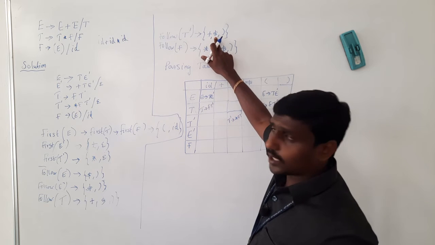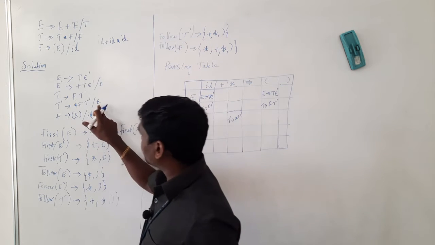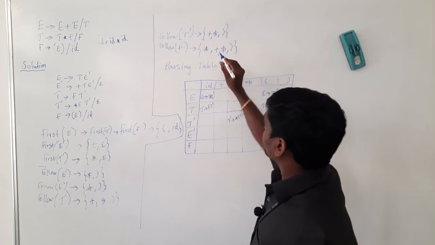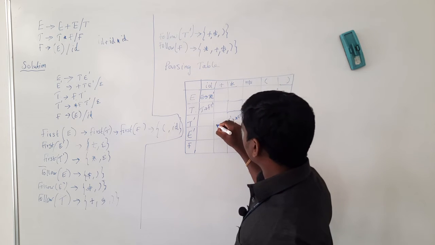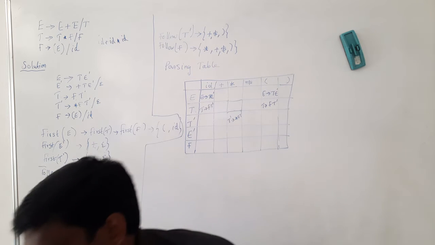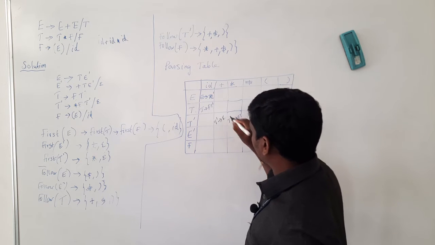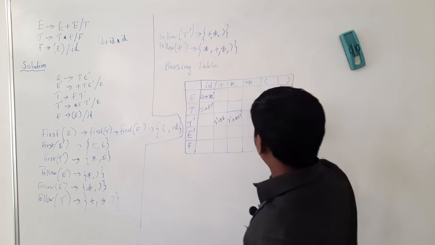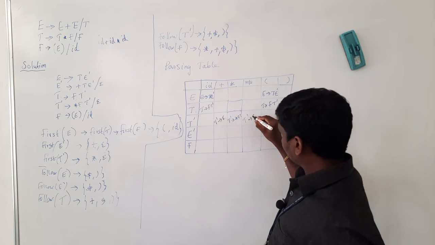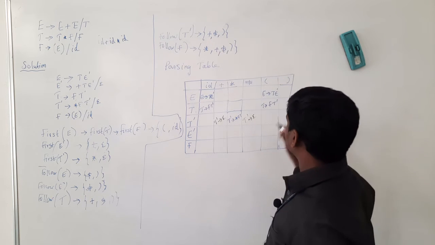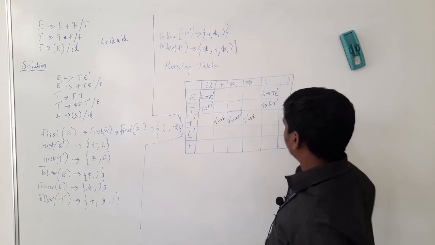So for plus, dollar, close brace, I fill T dash tends to epsilon. Where is plus? Here. T dash tends to epsilon, and for dollar and close brace also, T dash tends to epsilon.